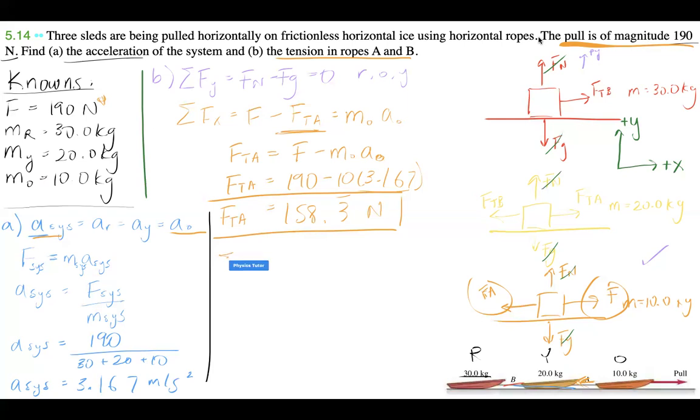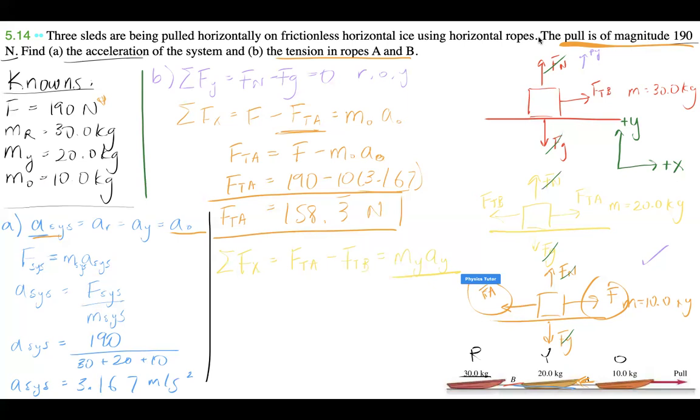So the summation of forces for the yellow sled in the x direction is FTA minus FTB equal to MY AY.